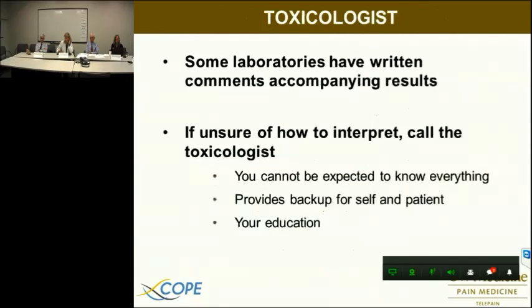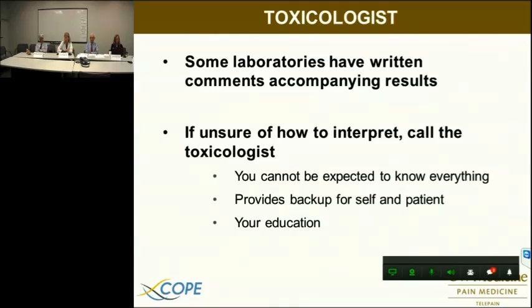It was wonderful about 3 years ago when we were able to convince our toxicologists to have written comments accompanying the results. The information I just presented to you is available to you in case your toxicologists don't. If you're not sure what the results mean and you have too many drugs that come back on your confirmatory testing, call your toxicologist.